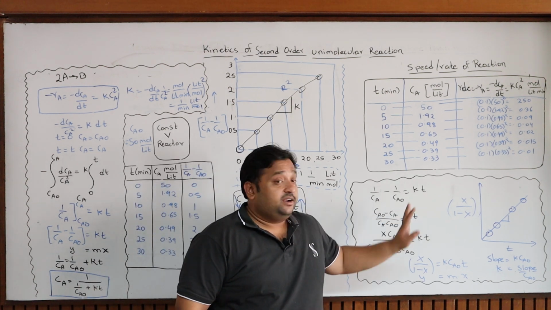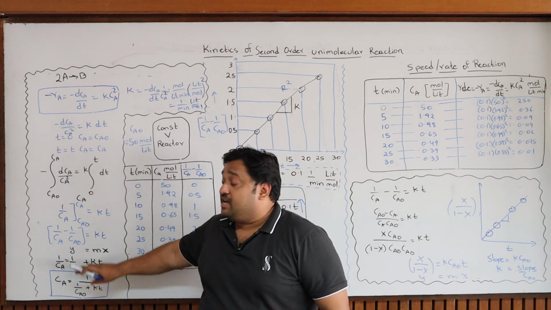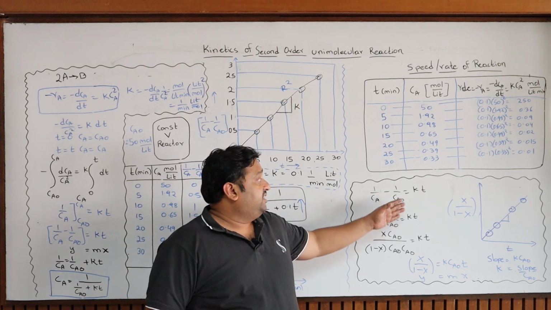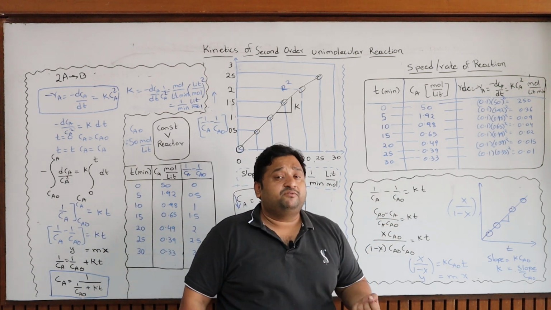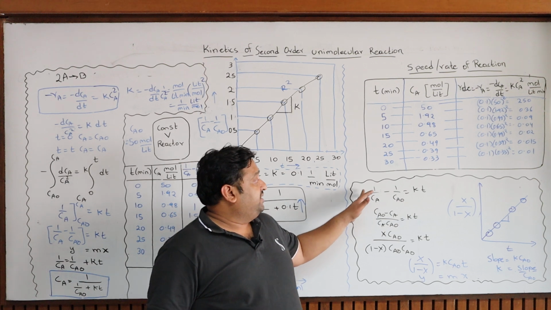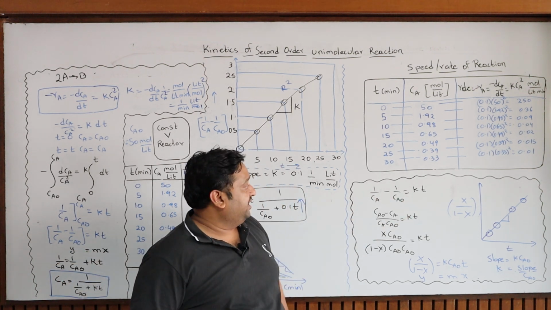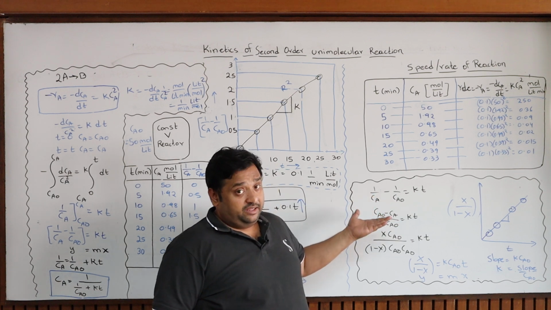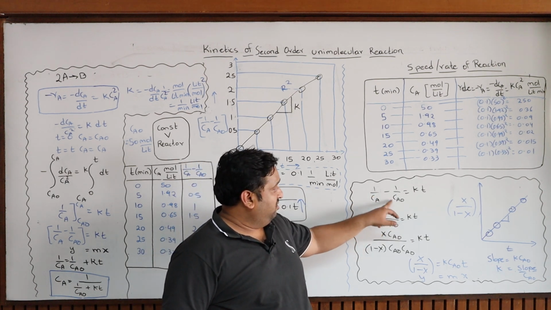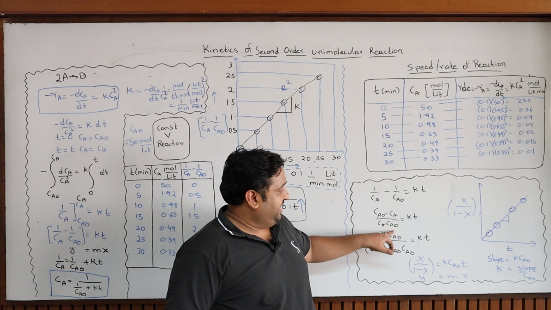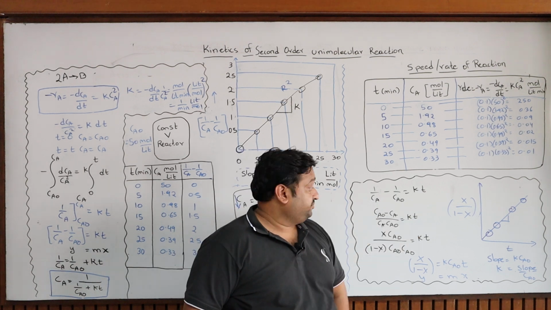Here the equations are in terms of concentrations. Now the same equation I have represented in terms of conversions. I know 1 by Ca minus 1 by Ca0 is equal to Kt, the same equation we have taken, and taking the common denominator, Ca0 minus Ca by Ca times Ca0 is equal to K times t.